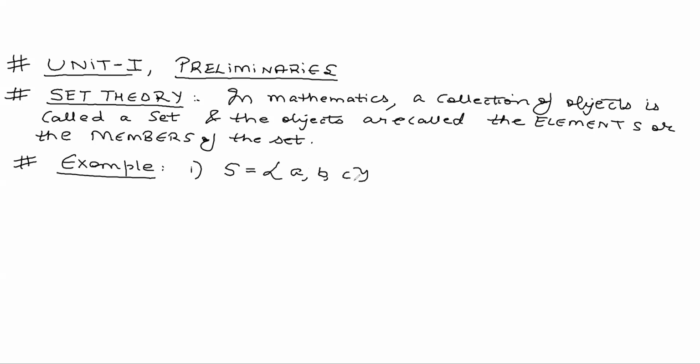So I can say that A belongs to the set S, B belongs to the set S, and the element C belongs to the set S. Sets are usually denoted by capital letters. Elements are usually denoted by small letters. And this sign means belongs to.